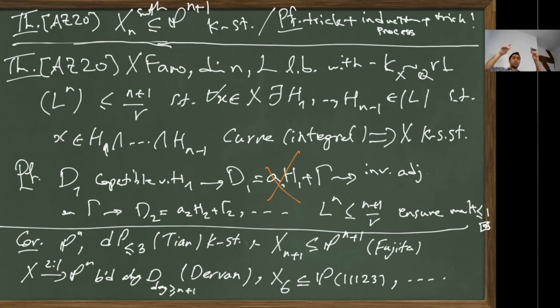I'm not going to say what this trick is, but you ensure that at the end, when you land in dimension say 0, you have 2 points on that curve. So now the degree, if you like, is too big. There are 2 points, and that ensures that things have to be canonical all the way up. So this proof is really involved. It's not as easy as I just said.